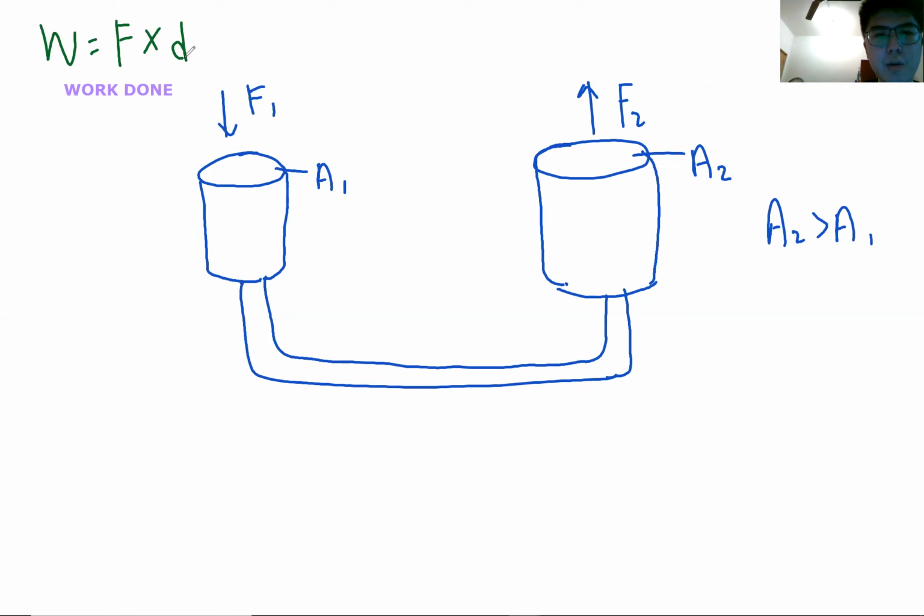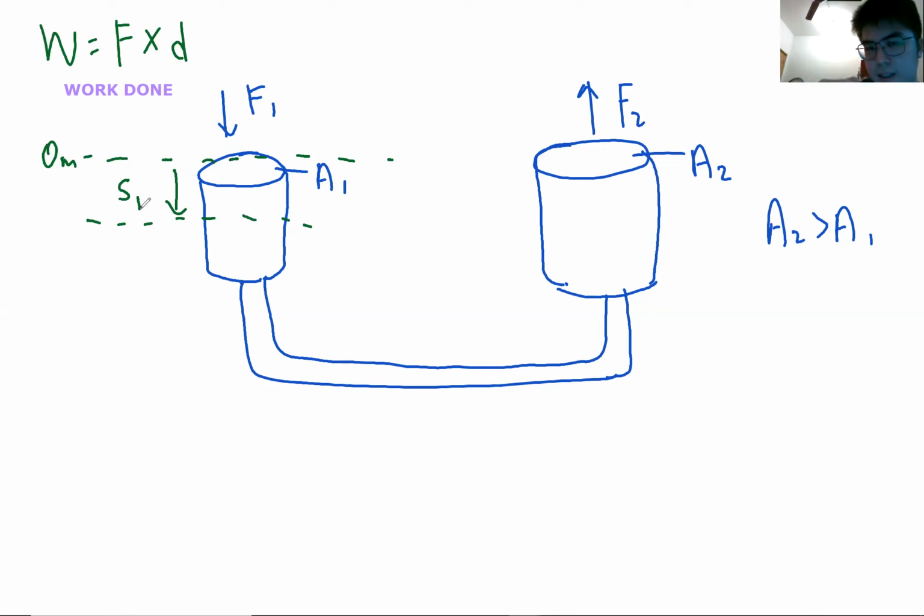Now, imagine you apply force and press down piston 1, the smaller piston. Okay, so we say that we take the top flat surface of the cylinder and check it as 0 meter, right? So as you press it down, let's say it moves a certain distance. We label it S1.